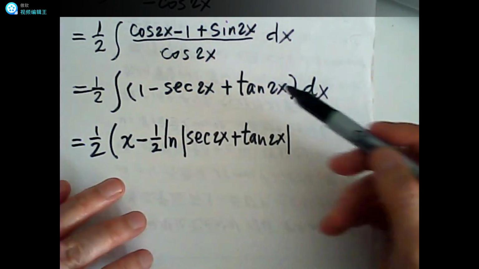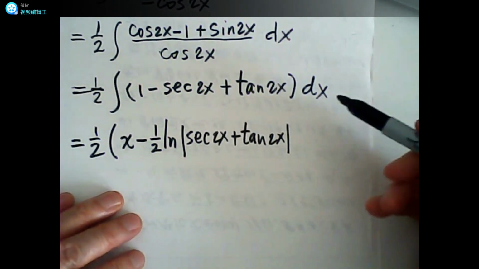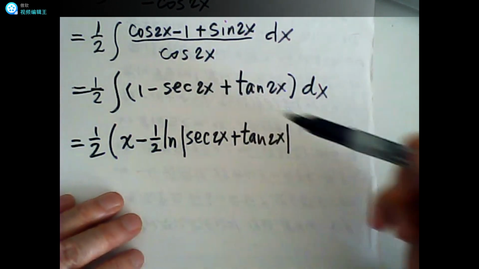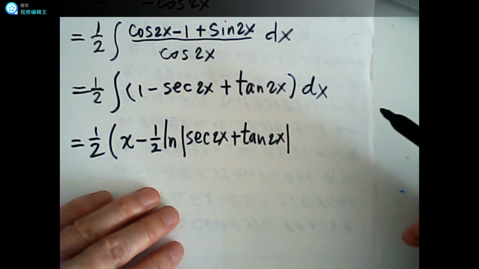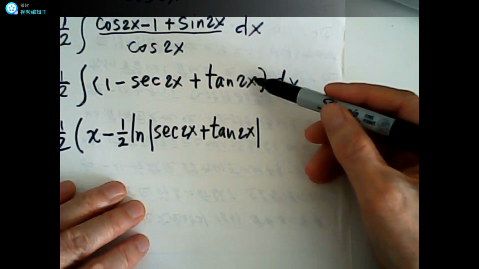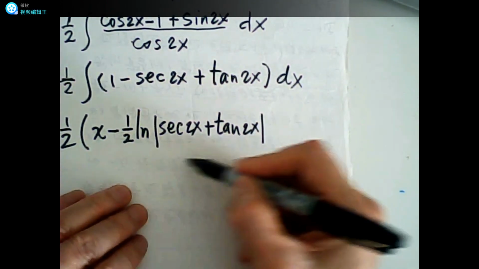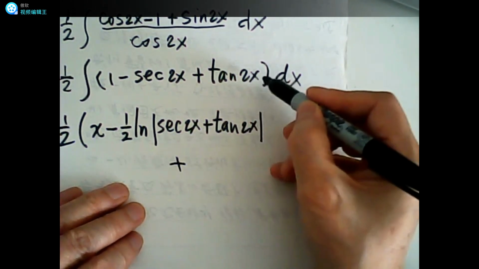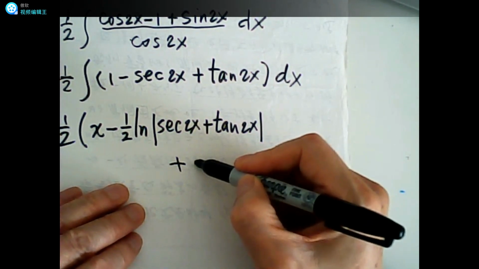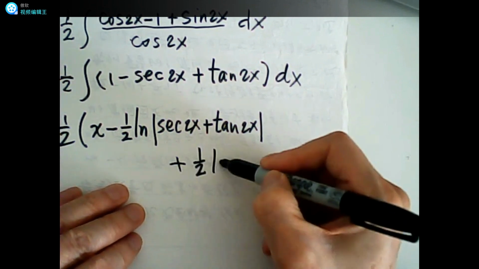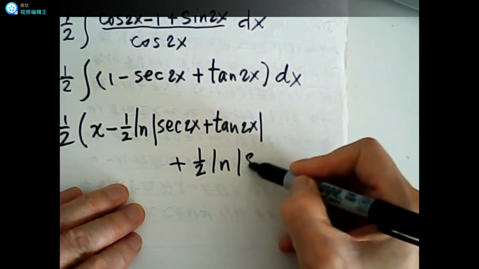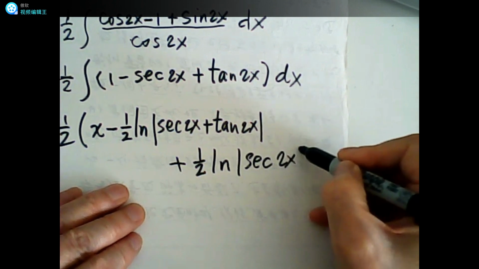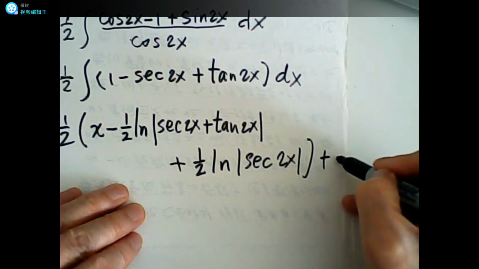If you haven't, then you may practice yourself separately how to integrate the secant. And plus, there's no room for it. The tangent integral is a log, right? Log secant 2x, all right, plus c.